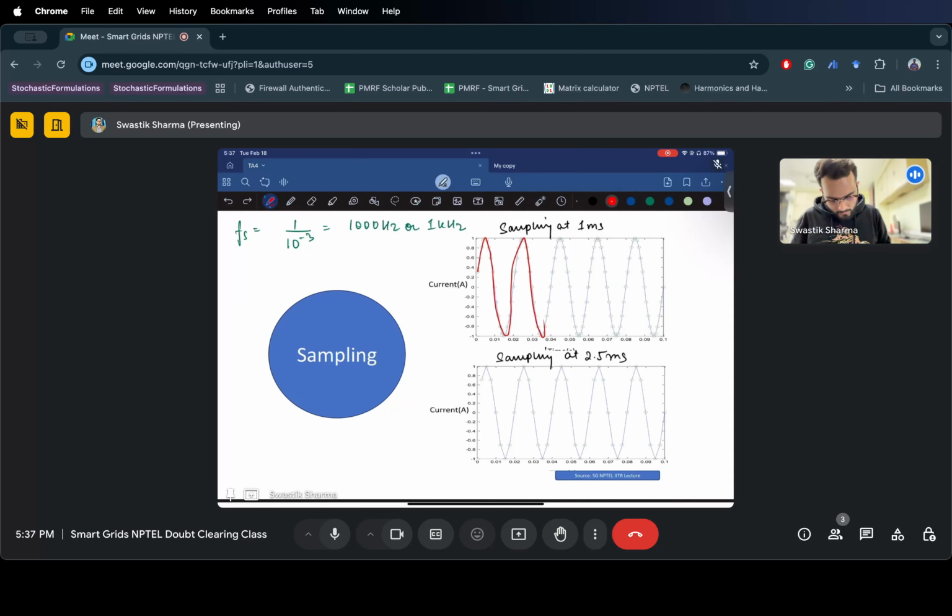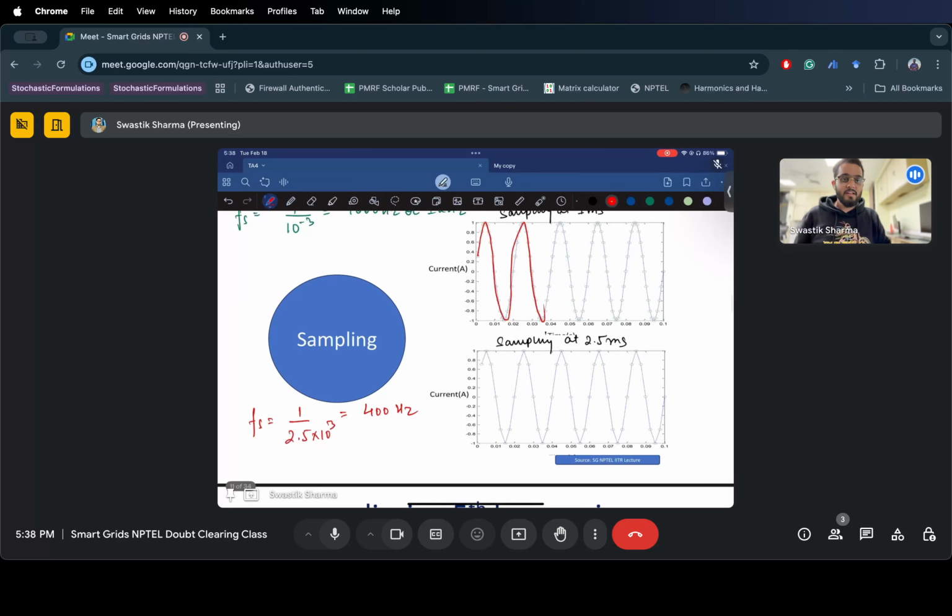That means your frequency of sampling is 1 upon 2.5 into 10 raised to power 3, which is 400 hertz. And as you can see, your sampled waveform is still like a sine curve, and it has not distorted much.